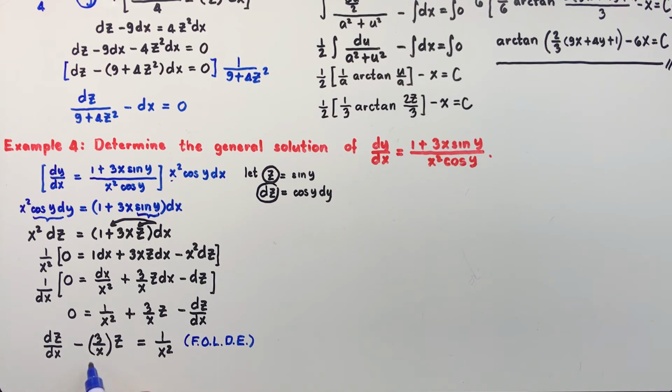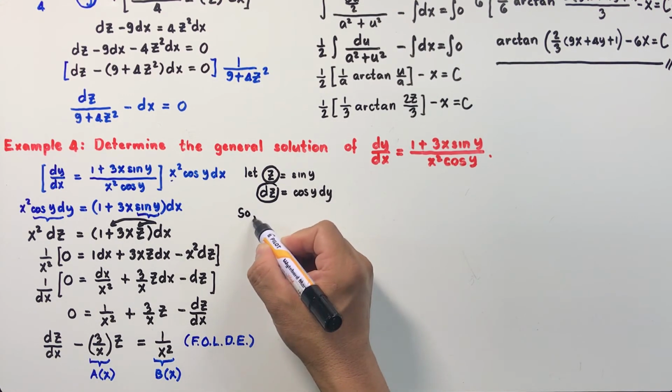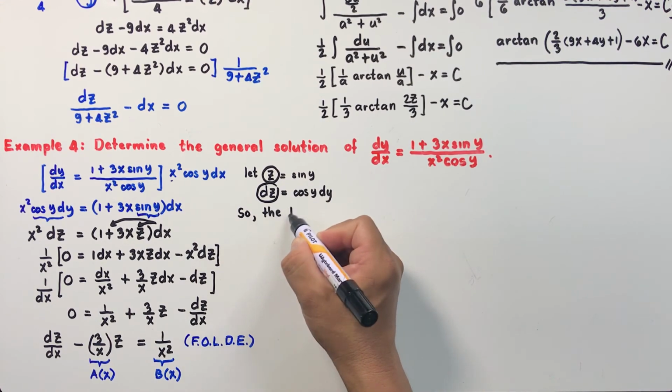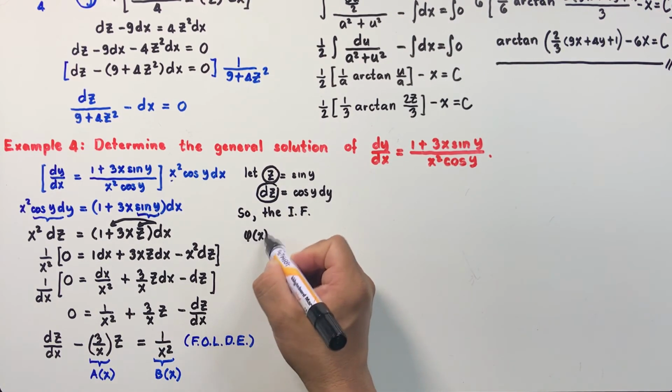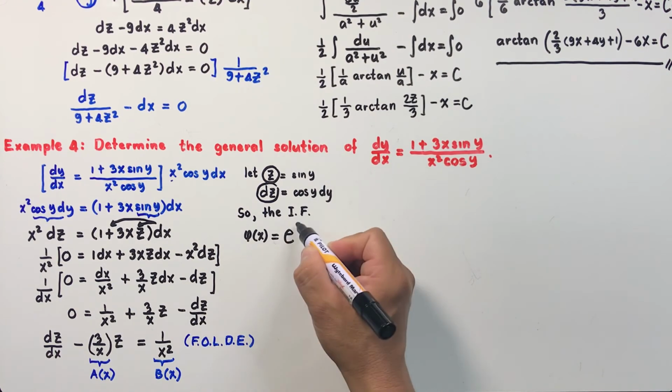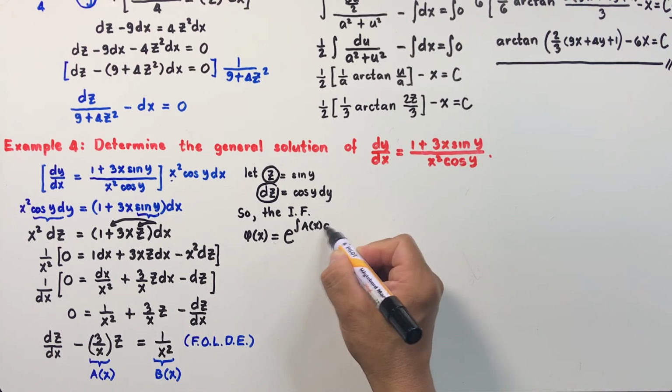So we have our a of x, which is this one, and we have our b of x, which is this one here. So therefore, we can find our integrating factor. The integrating factor here can be obtained by raising e to the exponent of the integral of a of x dx.